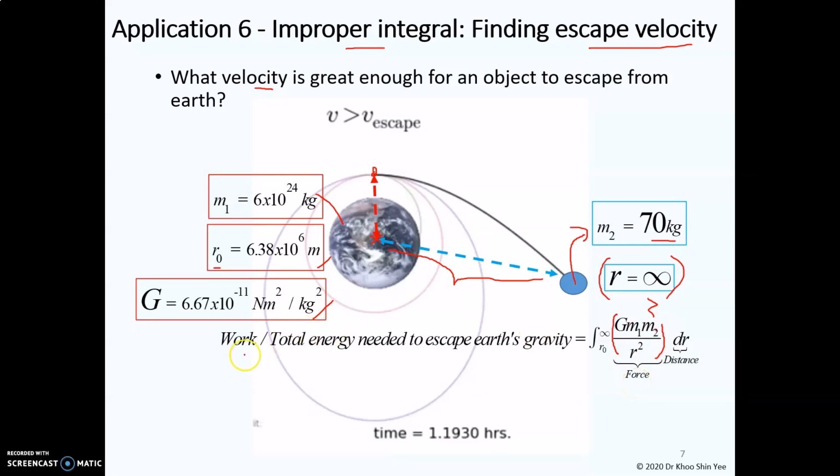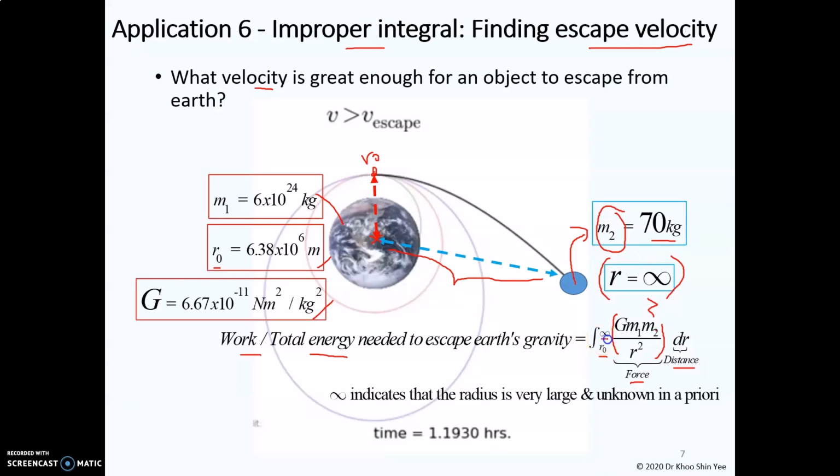And to compute the work done or the total energy required for the mass to escape from the Earth, from r0 to r infinity, you need to multiply the force with the distance to obtain the work done and integrate it from r0 to infinity.